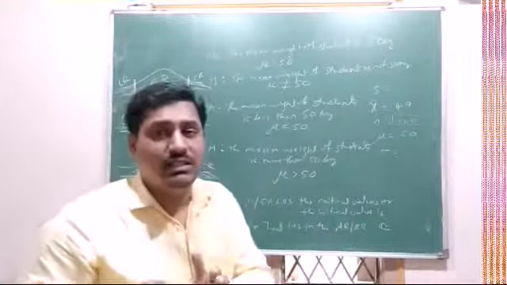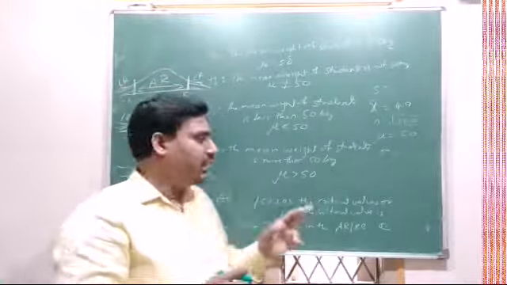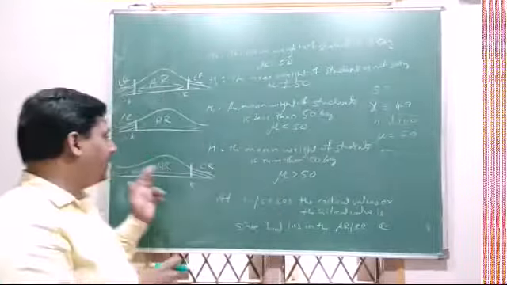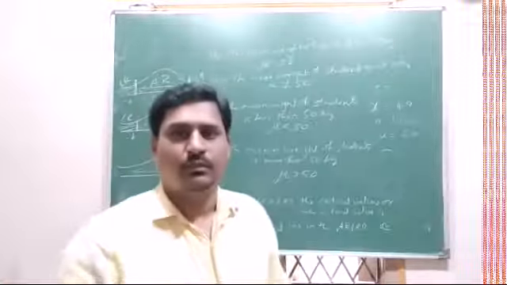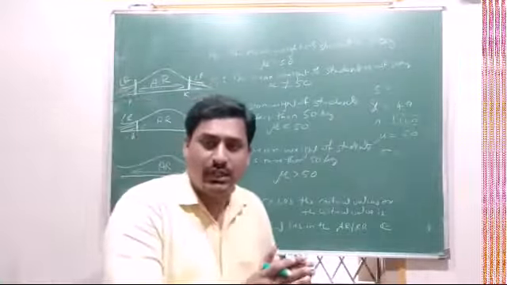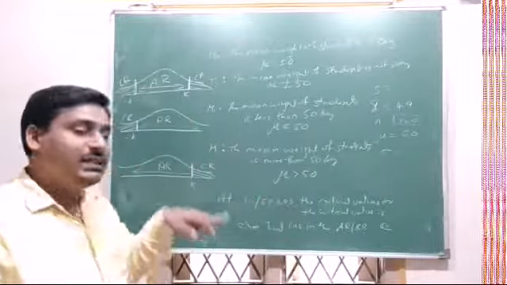symbolically, whether Z calculation is less than the positive critical value, and if it is greater than the negative critical value. So if it is less than the positive critical value and more than the negative critical value, then it is accepted.